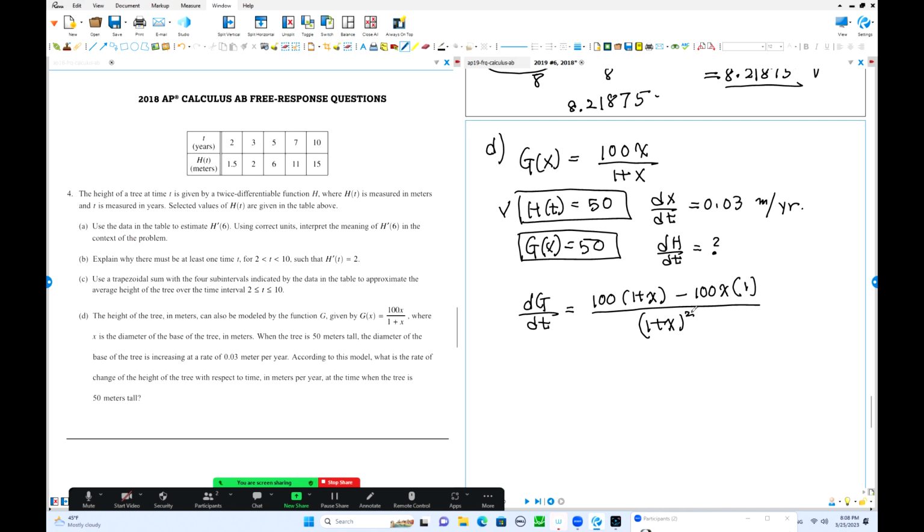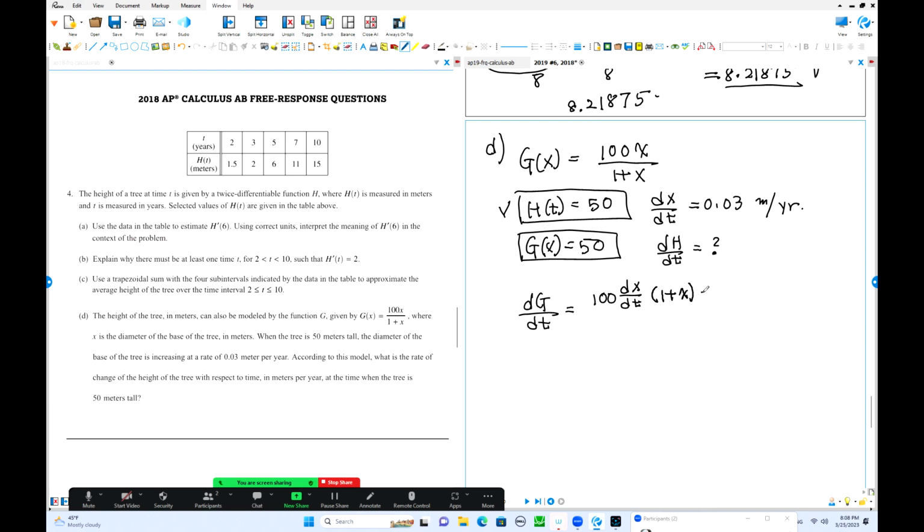No, because we take the derivative with respect to t, not x. This is a little confusing. Over here, the derivative of 100x with respect to time t, not x, is 100 times dx dt. Are you okay with this? That is the derivative of 100x, and then we multiply by 1 plus x.